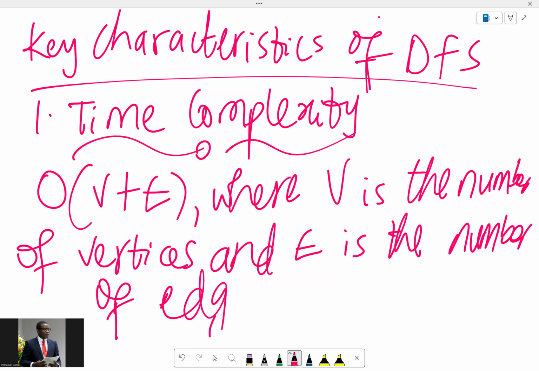So that is the time complexity for the depth first search algorithm.